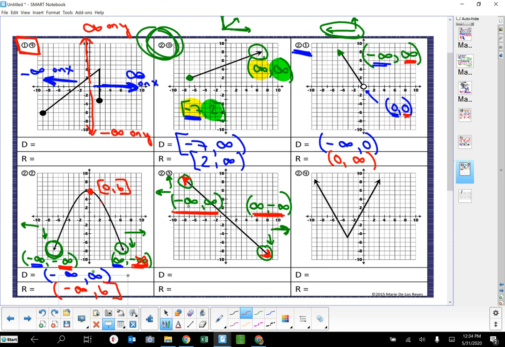So our x values are going to go from negative infinity to infinity, parentheses, and our y values are going to go from negative infinity, remember the lowest one, to infinity. Okay, lowest to highest, all the time. And then for 24, why don't you pause, see if you can write the ordered pairs.